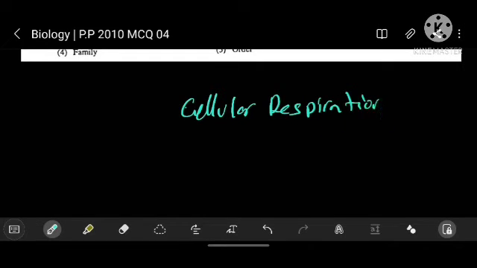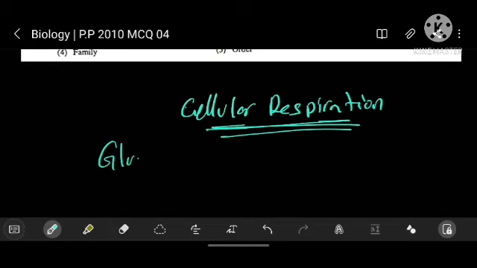This question is about cellular respiration. Cellular respiration is a process that takes place inside the cell where energy is released by the breakdown of glucose molecules.